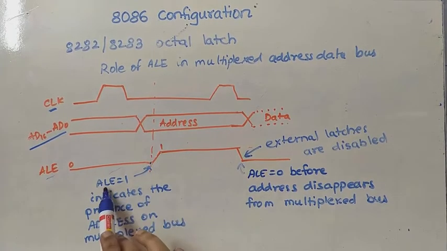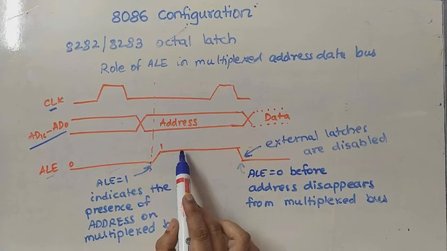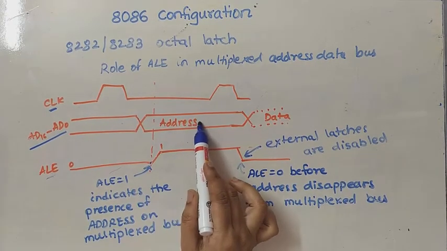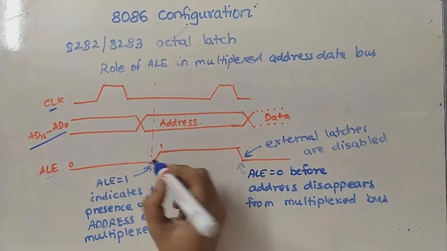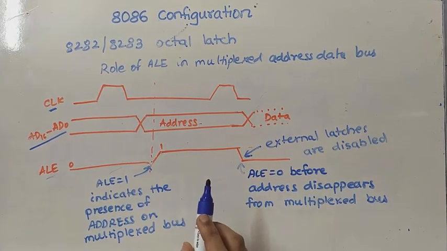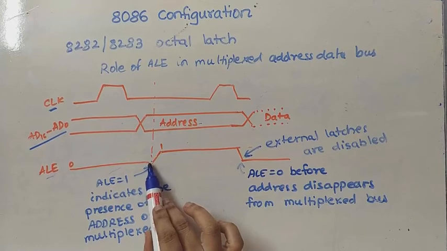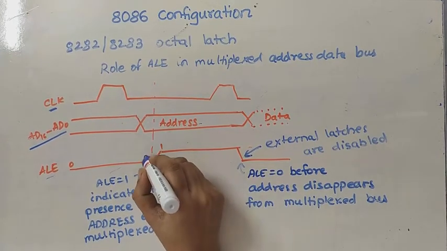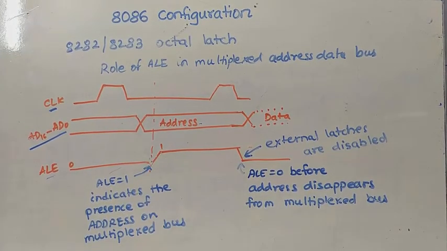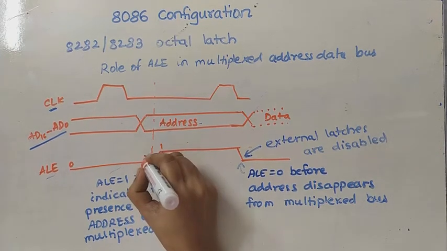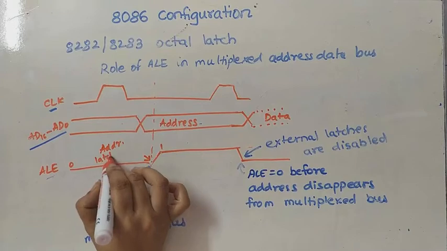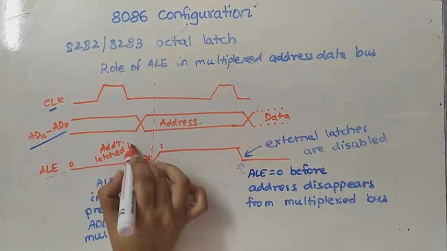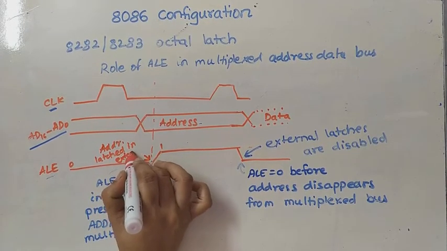So when ALE is equal to 1, it indicates the presence of address on the multiplexed bus. At this point the address is latched into the external latches, that means when the ALE signal becomes 1, at that location the address gets latched in the external latch.